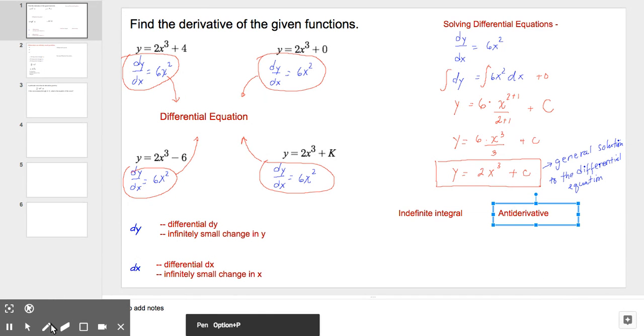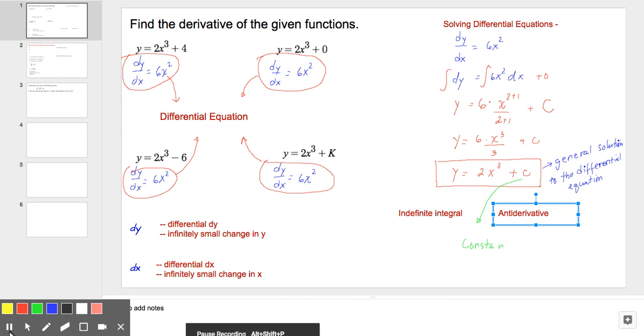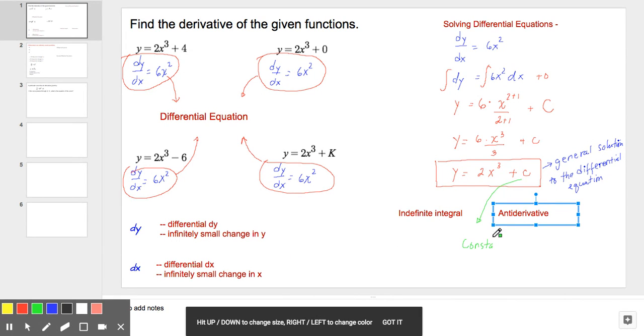Now, the variable c is called the constant of integration, because we're integrating.